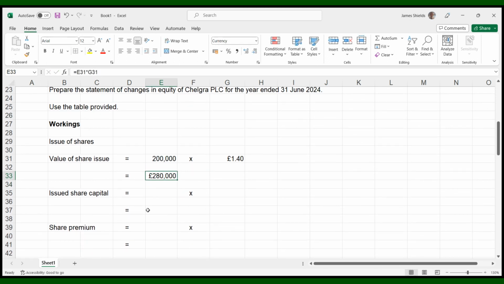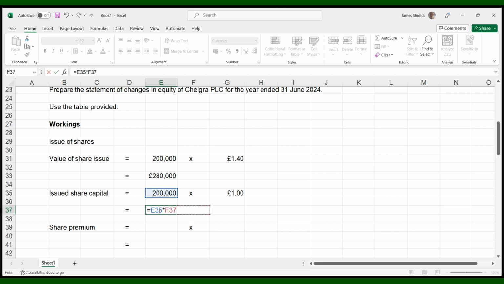Now we've got to split that between the issued share capital and the share premium. So we have the 200,000 shares, and for share capital we have the nominal value. And the nominal value is the £1. So the issued share capital element is going to be the 200,000 shares times the £1. That's going to be £200,000.